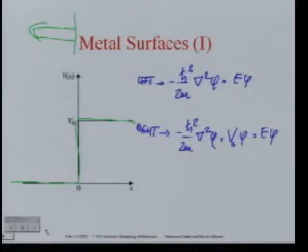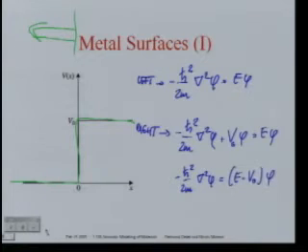What's the difference between these two equations? Well, let me rewrite the one on the right side as minus h bar squared over 2m del squared phi equal to E minus V0 times phi.